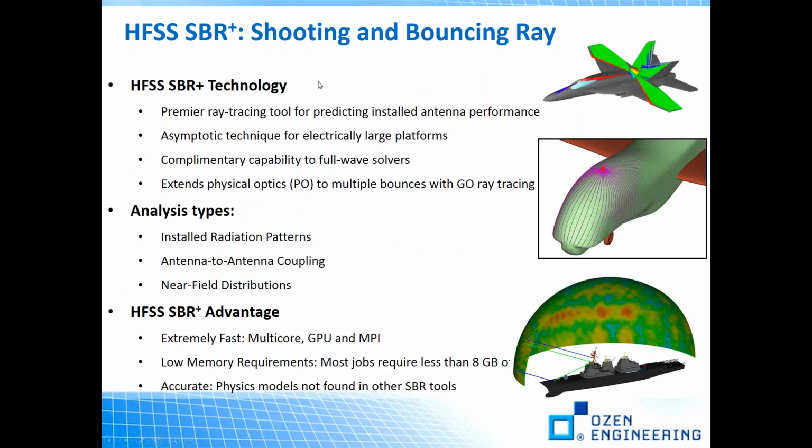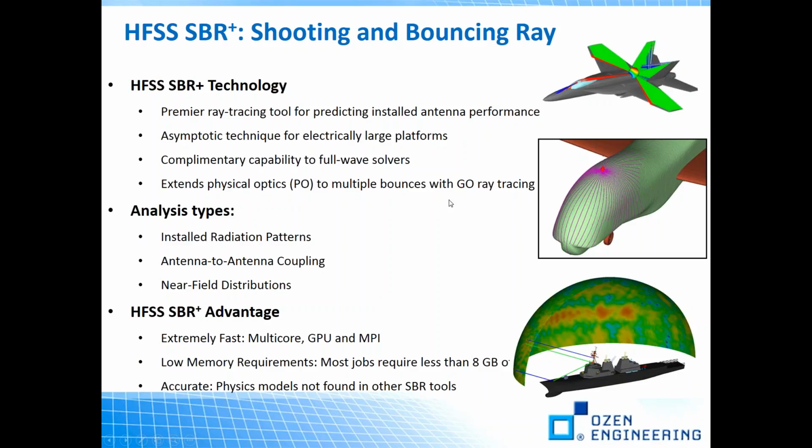I'm just briefly going through HFSS-SBR because this is a new solver in HFSS. It's the former Savant, from a Delcross company that was acquired by ANSYS. So this is shooting and bouncing rays. It helps a lot for electrically large platforms.